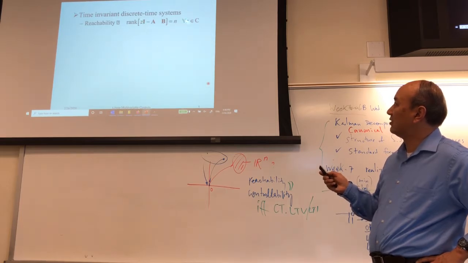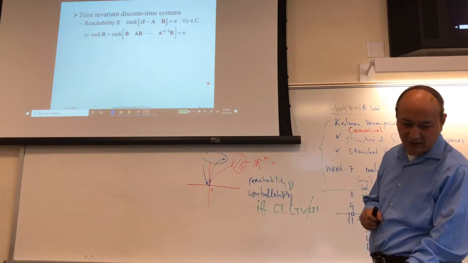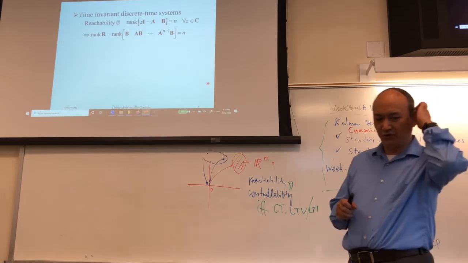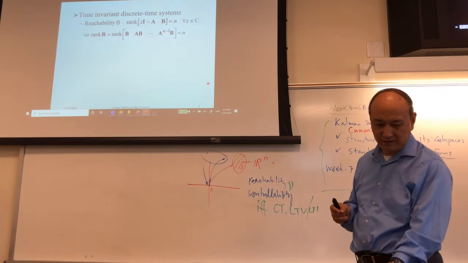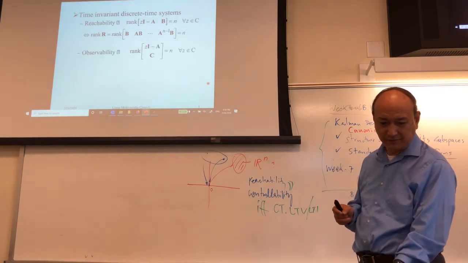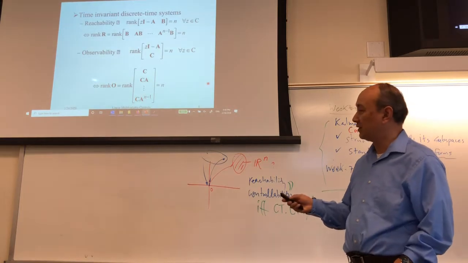For all z in the complex plane, the rank is full row rank. This is a reachability condition, and this is also true for the reachability matrix here. Observability too. So these are if and only if conditions.